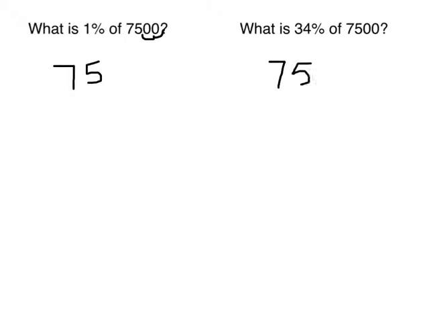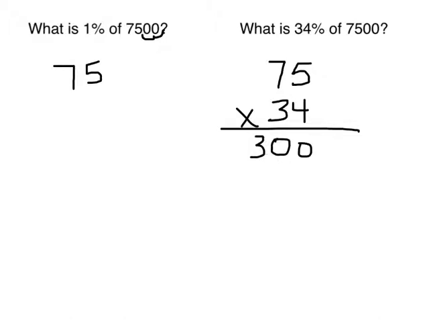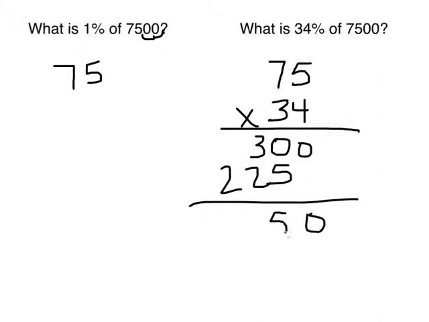All we need to do is take 75 and multiply it by 34. And we get 2,550, which is 34% of 7,500. Now 34% is about a third, and 25 is about a third of 75. So yes, that does make sense.